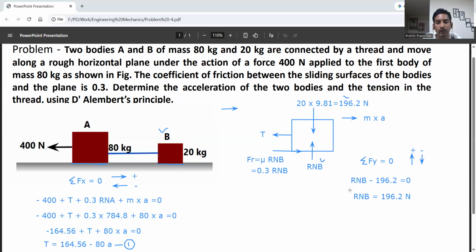Now you have to apply the second equilibrium equation, that is summation Fx is equal to 0.